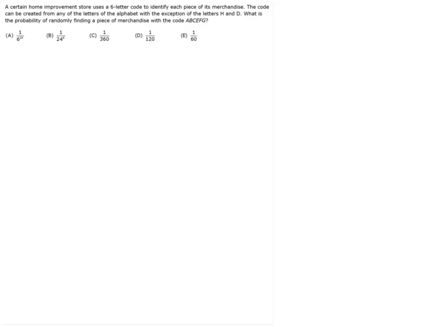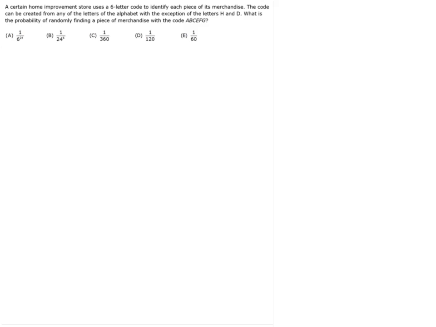All right, guys, that was about 3 minutes. So we have this home improvement store, and it uses a 6-letter code to identify each piece of merchandise. Pretty common scenario for big companies that have physical inventory.